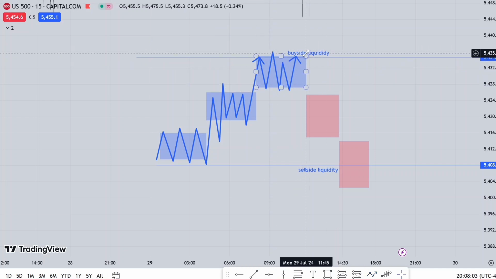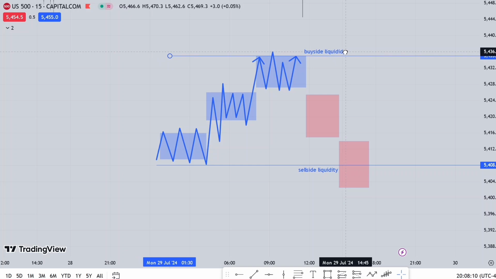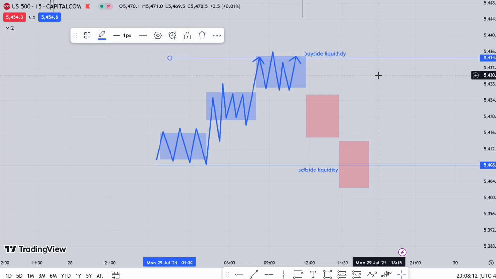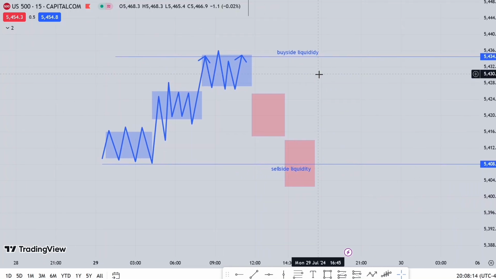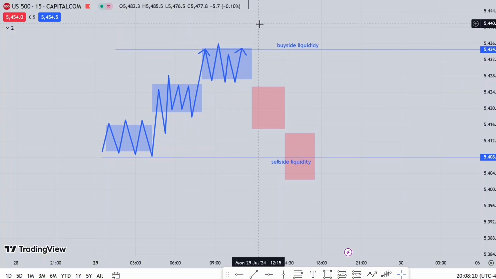You correlate this when you are using the market maker models. You have to have an understanding of intermarket relationship, of intermarket analysis, to understand the correlation between those assets, either an inversely correlated asset or a directly correlated asset.